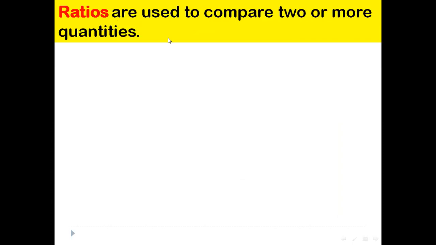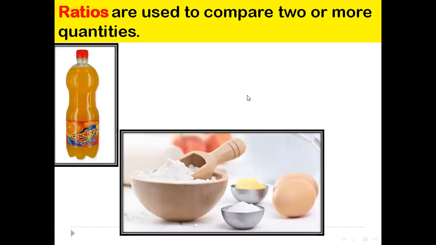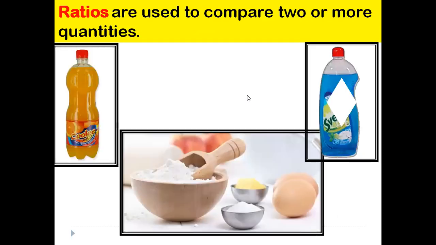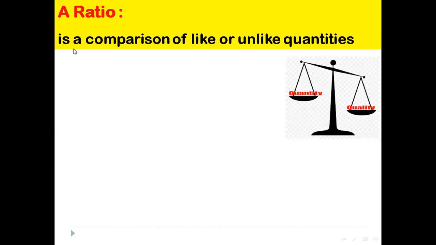Ratios are used to compare 2 or more quantities. We can compare juice, or whatever quantity you can use, with ratios. A ratio is a comparison of like or unlike quantities. What do we mean by like or unlike?